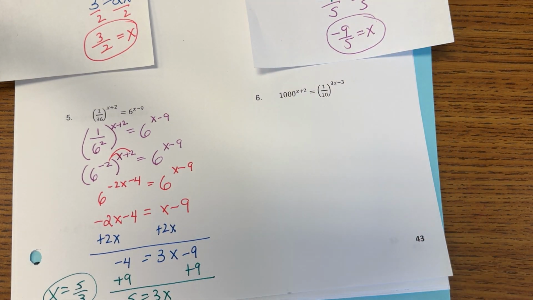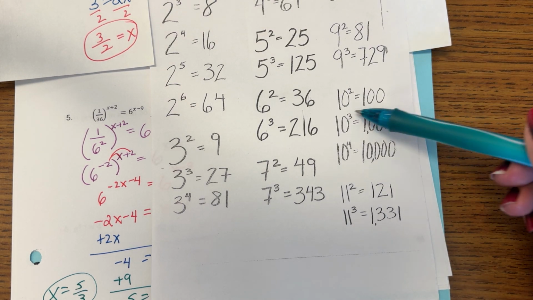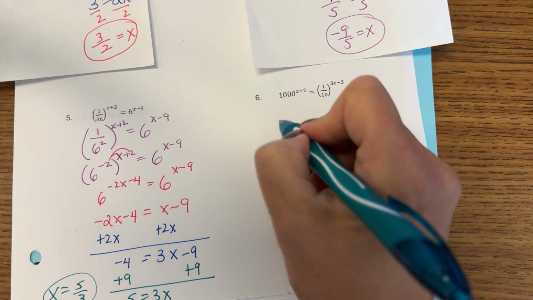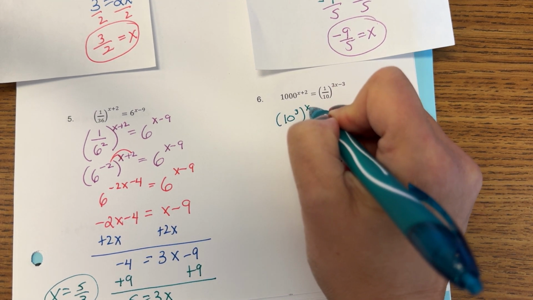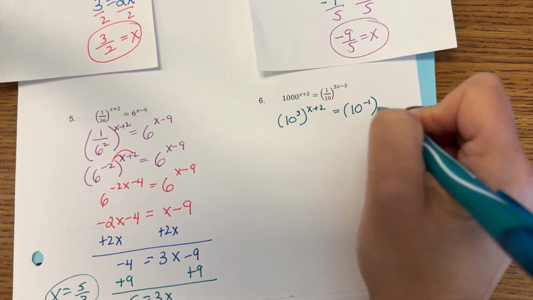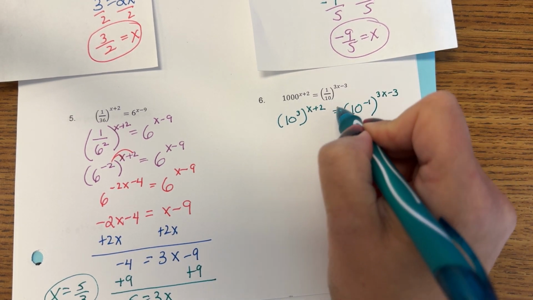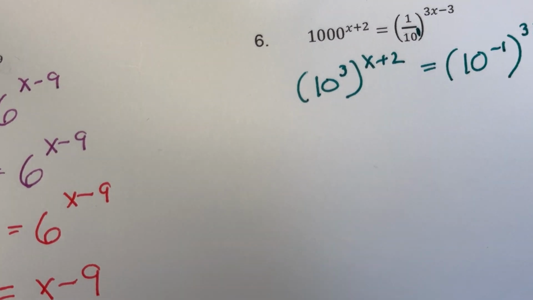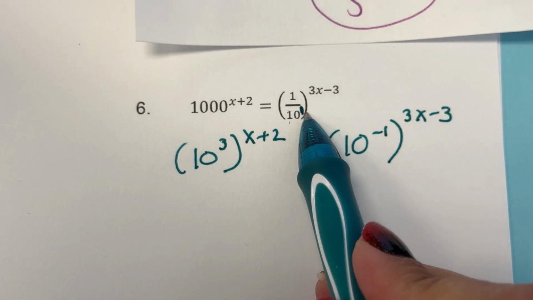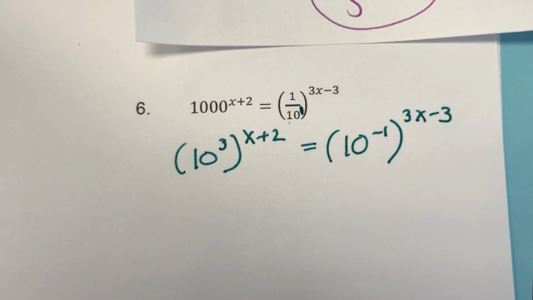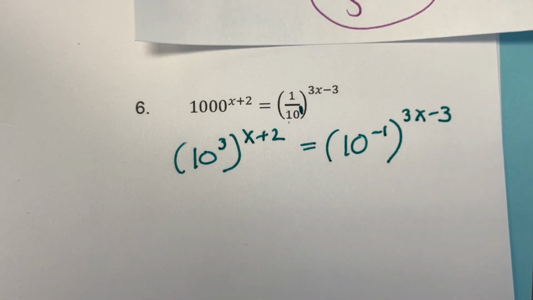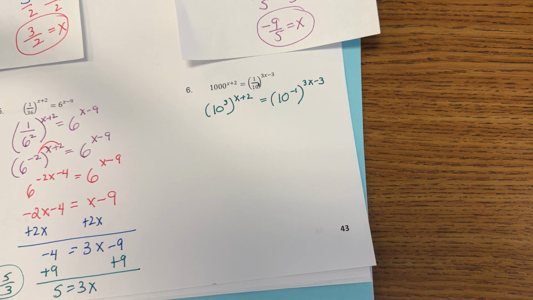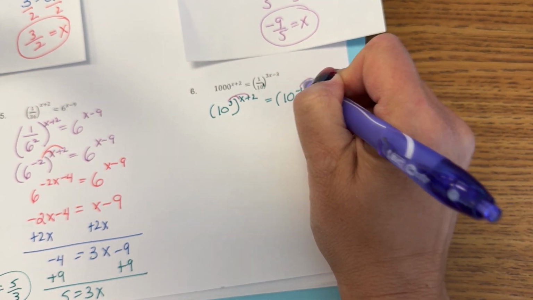All right, for 6, 1,000 is 10 cubed. I can take 10 out of the denominator as well at the same time. If it bothers you that there's no power on it, you give yourself the invisible 1. Let me zoom in. So this is 10 to the first, which is why I make it a -1 power to get that out of the denominator. All right, so I'm going to multiply powers.